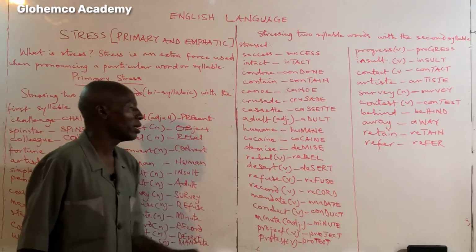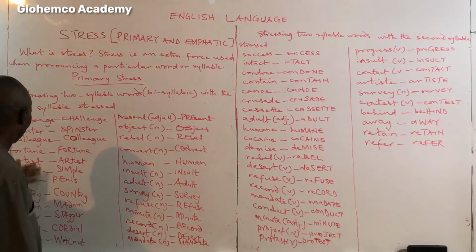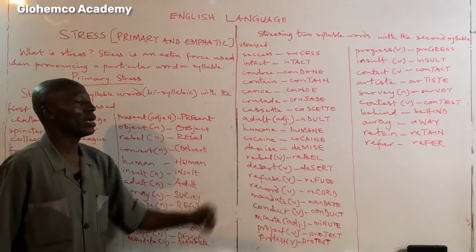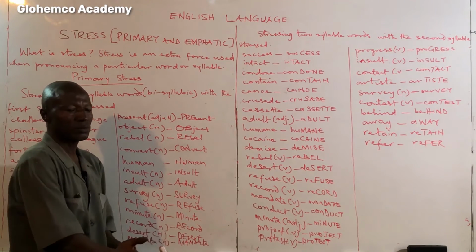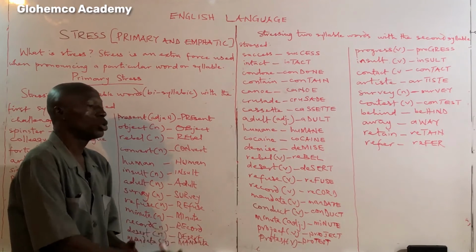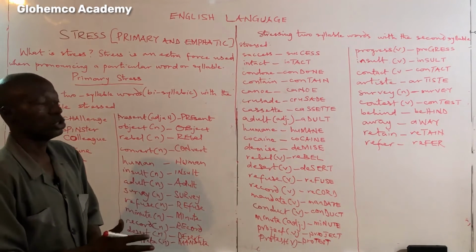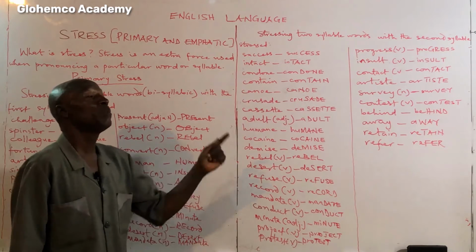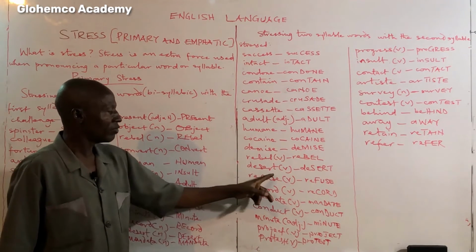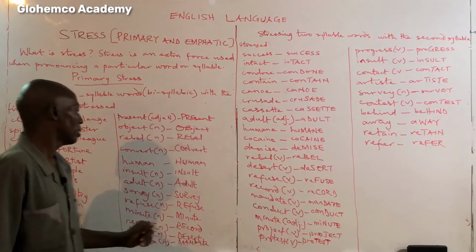So we have rebel. Check it here. Rebel is a noun, while rebel is a verb. You are a rebel; so you rebel, stop rebelling. Then we have desert.